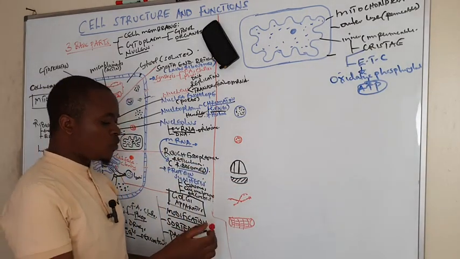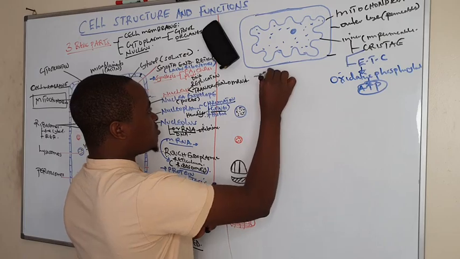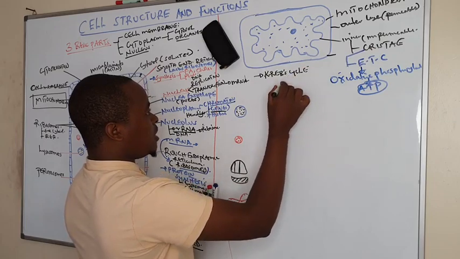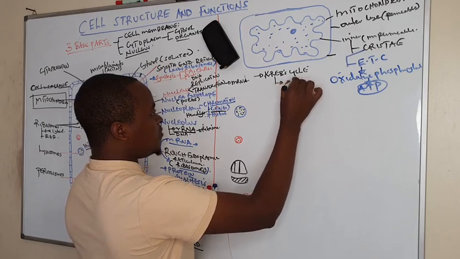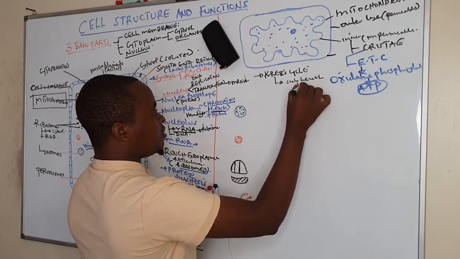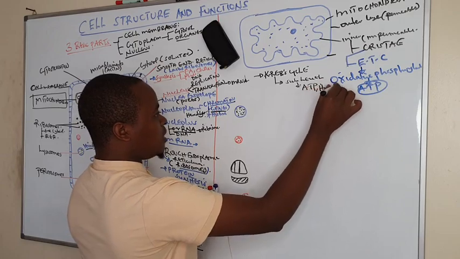Then remember also that within this same organelle, there are enzymes responsible for the Krebs cycle. And this Krebs cycle can also produce ATP at substrate level. At substrate level, we also produce ATP, water, and carbon dioxide.